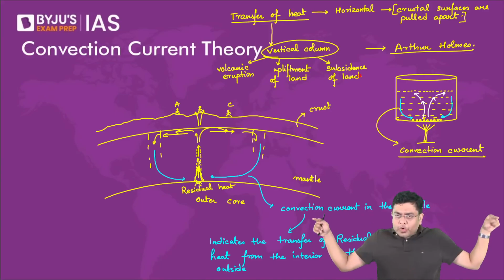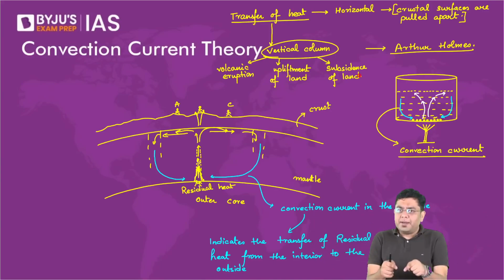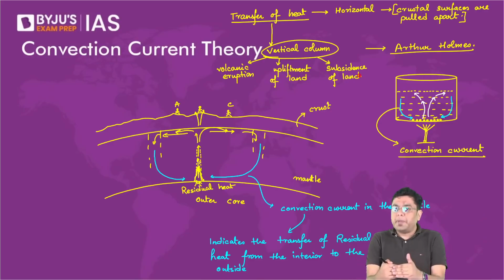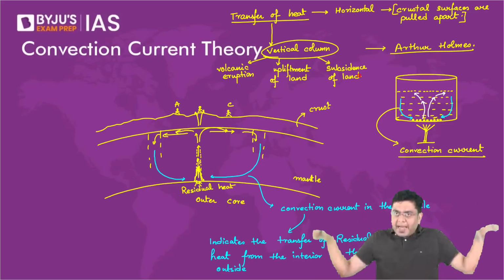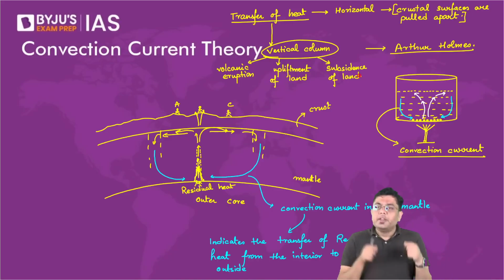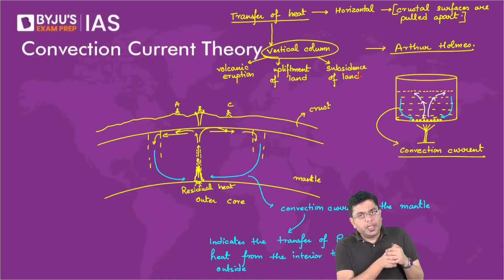In the meanwhile, the colder portion of the compressed, high density mantle will replace the portion which has been lifted up. Again, that will get heated, again, it will rise up, and that convection current continues. So, this is the convection current theory postulated by Arthur Holmes. Okay, right, correct.